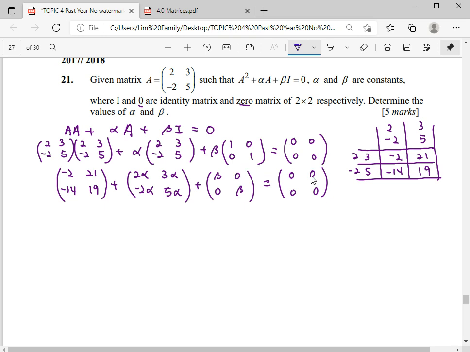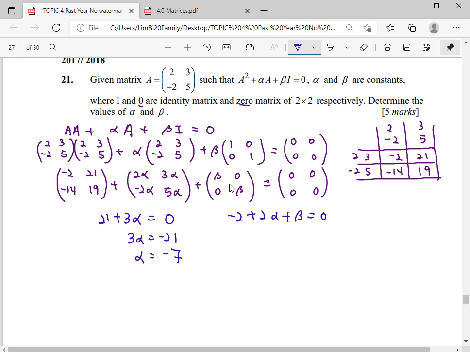So when I choose that position, 21 plus 3 alpha will equal to 0. So 3 alpha equals to negative 21. Alpha equals to negative 7. So another place I have to find the equation that involves beta. So only maybe 1, 1 or 2, 2. So I pick the equation 1, 1. I pick the position here. So negative 2 plus 2 alpha plus beta equals to 0.